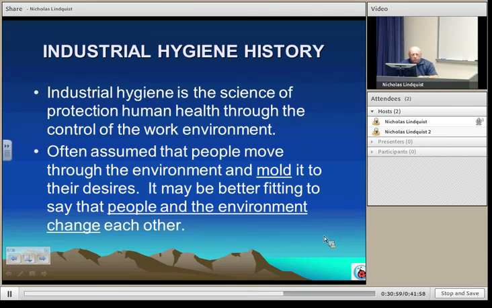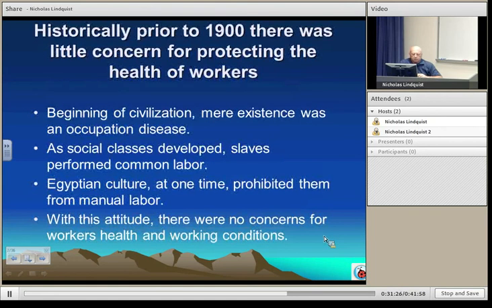Those people who were wealthy and elite utilized slaves to perform those tasks that were potentially dangerous or harmful to an individual. In fact, if you look at the history of the Egyptian culture, you would find that if you were Egyptian, you were not allowed to perform common labor, and you utilized manual labor to perform those tasks. So there was really limited, if any, concern about the safety or health of workers.